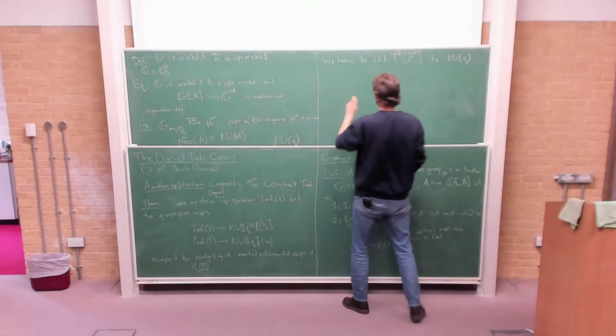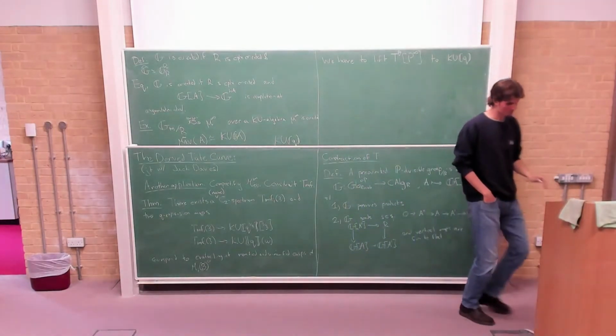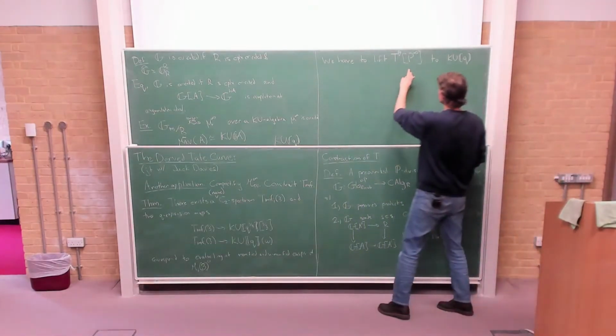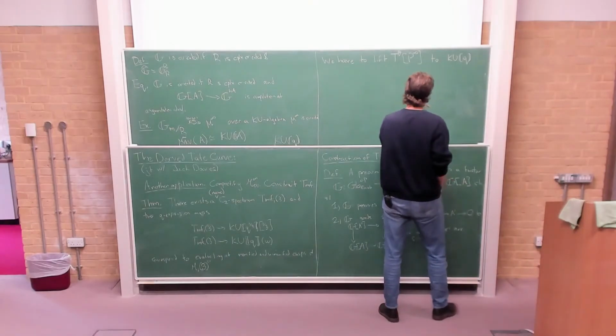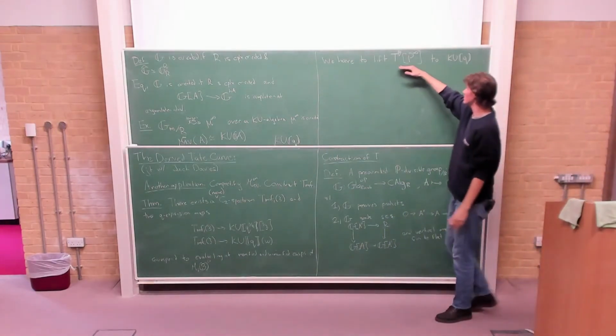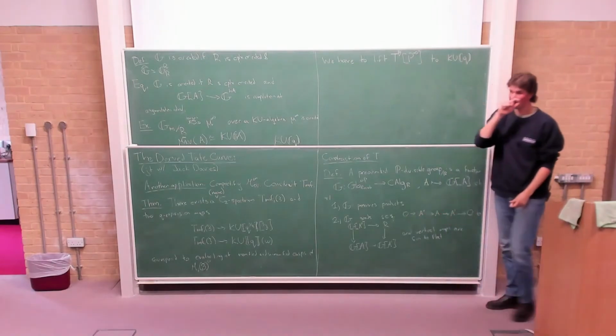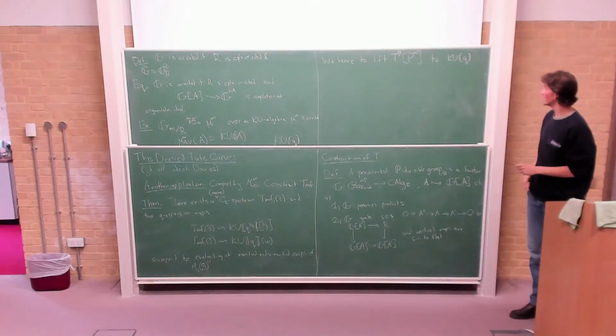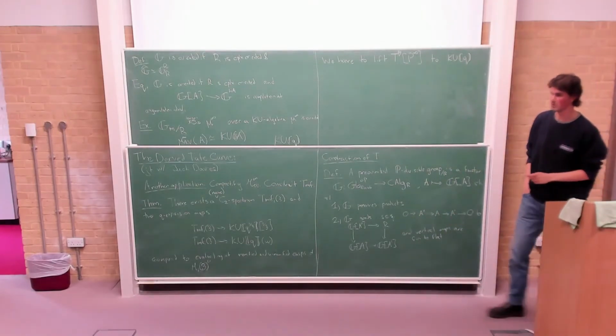So this object was studied by Katz and Mazur. And the very important thing is that they proved that you can define the p-divisible group associated with the Tate curve already over Z adjoining a polynomial variable q.